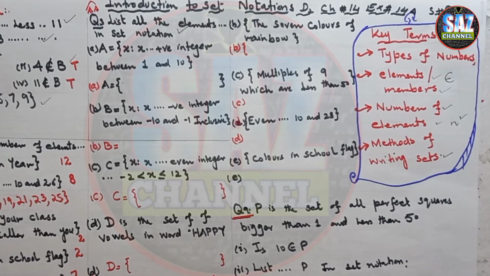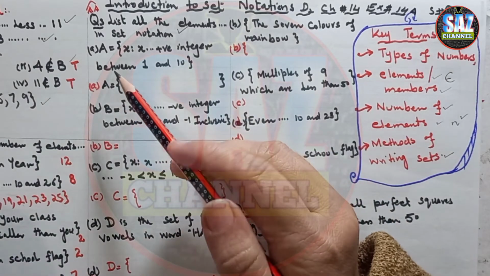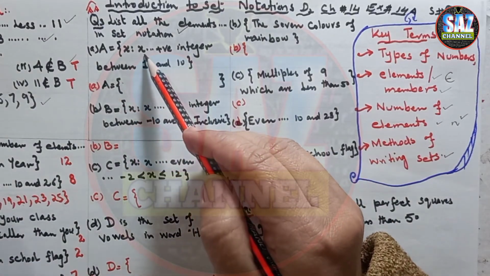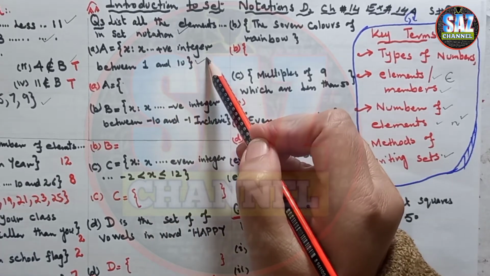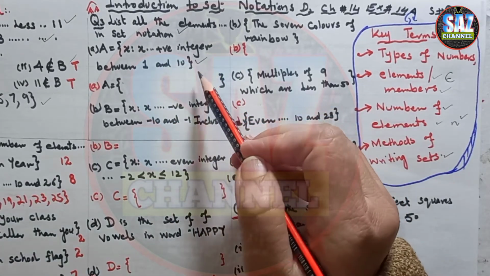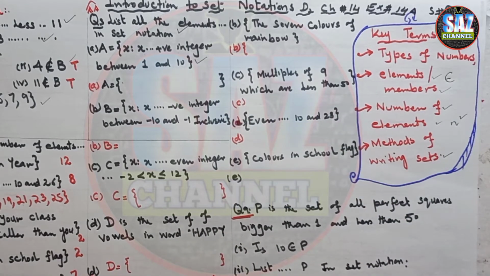Okay, let me read the first part of the question. The first part is set A, which is the set of x such that x is a positive integer between 1 and 10. So we have to select the positive integers which are between 1 and 10.